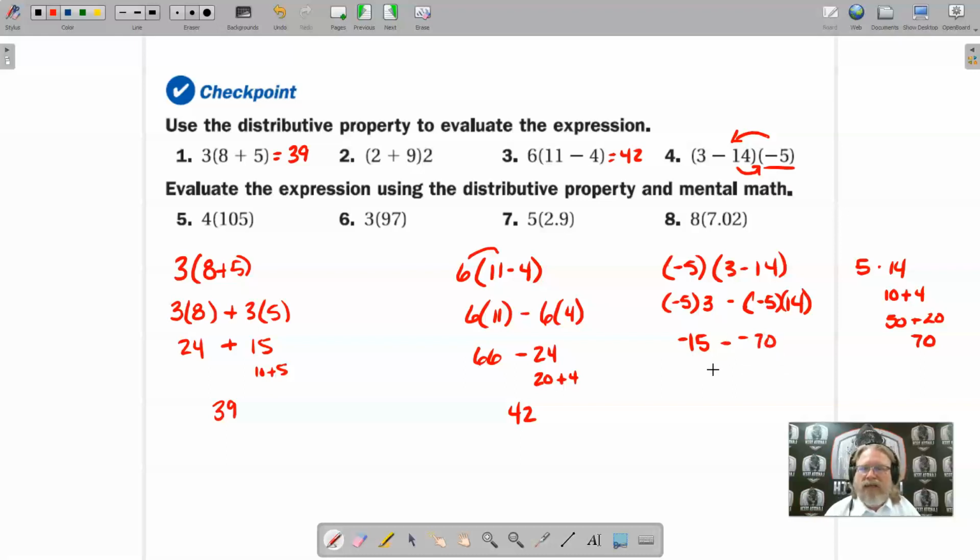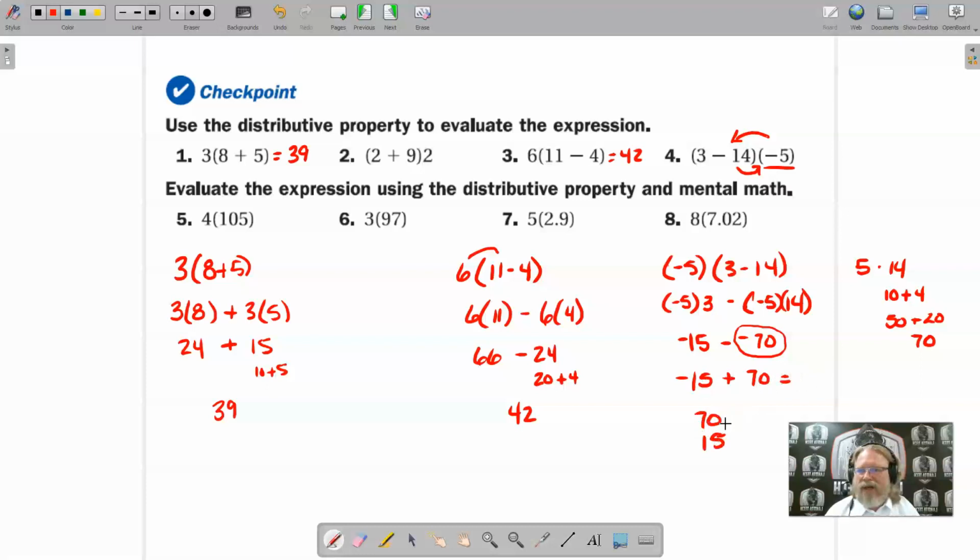Now, we've done this before with adding and subtracting integers. I don't like this minus a minus. So I'm going to do negative 15, change the sign to addition, take the opposite of negative 70, which is positive 70. Now I know that they are indeed two opposite signs. One's negative, one's positive, and I am adding them. So I can actually subtract 70 minus 15.